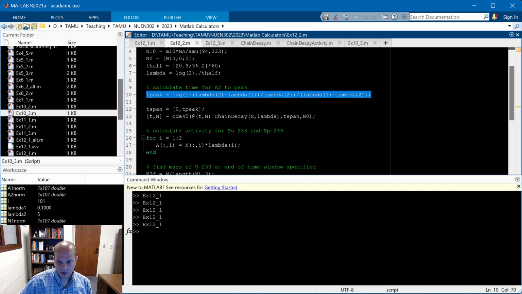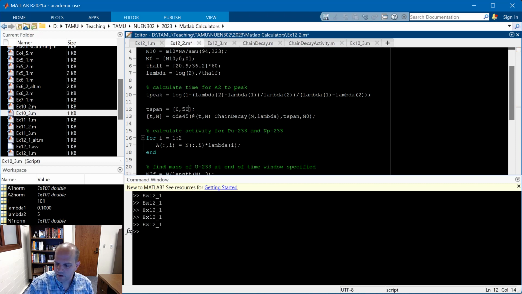And then this is where we can make use of built-in functions in MATLAB. And so I want to go from, see, it was 30, and so let's go like 50 hours. So 50 hours or 50 minutes.